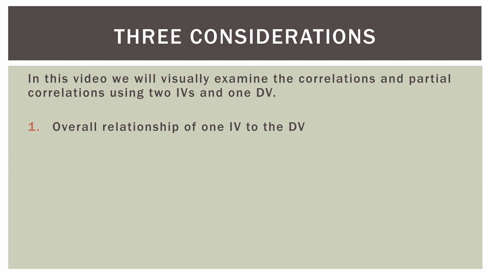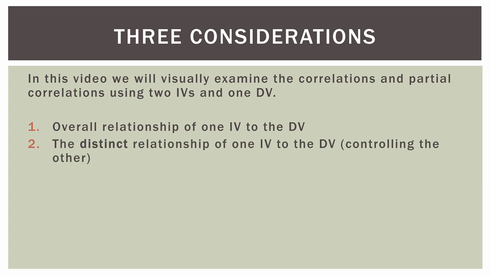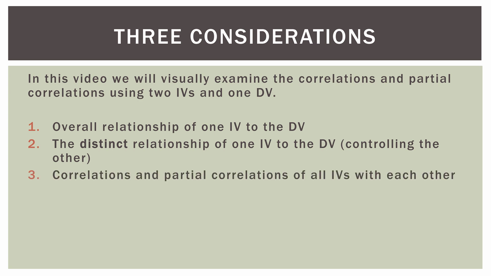Number two, we will look at the distinct relationship of one IV to the DV, controlling for the other IV. This is the partial correlation. And then number three, we'll examine the correlations and partial correlations of all the IVs with each other. So we will focus less on that. We're going to stick to the IV to DV relationships, but we will look at those towards the end.